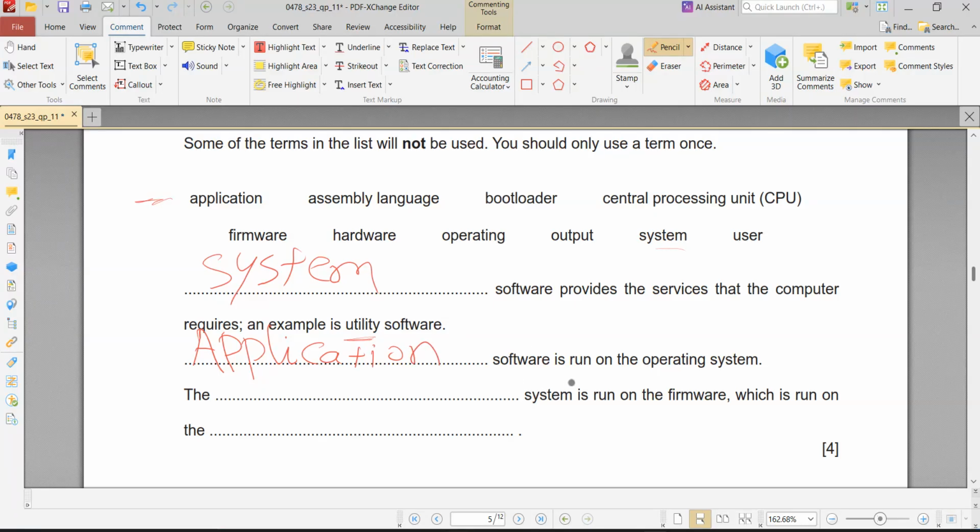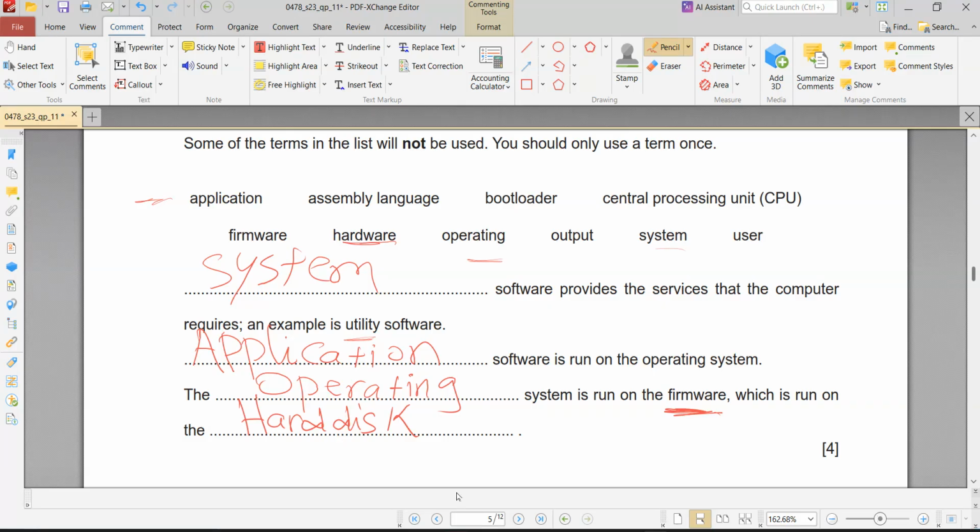The operating system is run on the firmware, which is run on the hardware, so I am going to write hardware here.